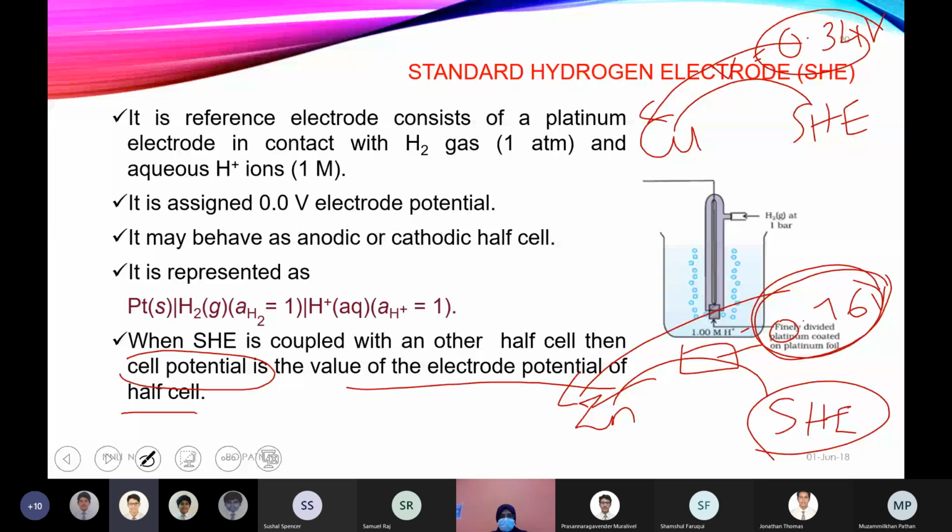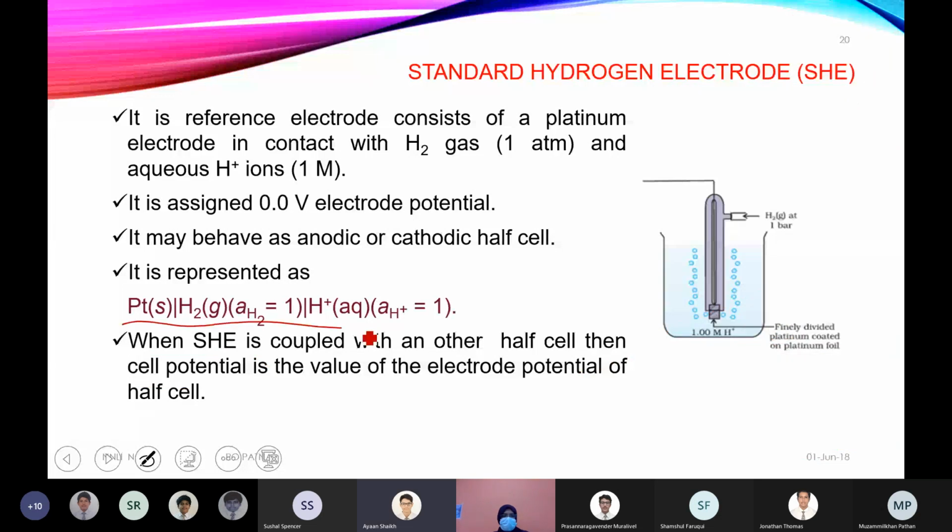Is there a plus sign in the equation? It's not an equation. This is a representation of a half cell. Platinum and hydrogen gas together is the electrode, and then the electrolyte is H plus.